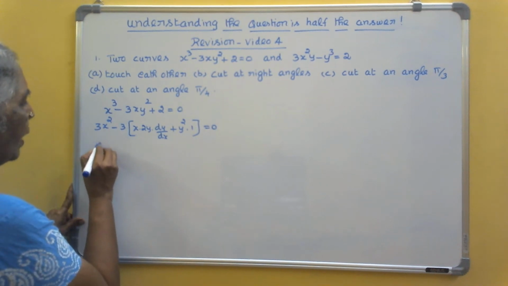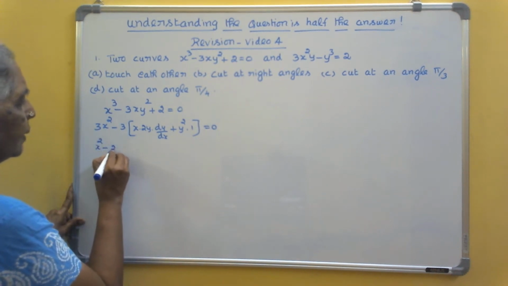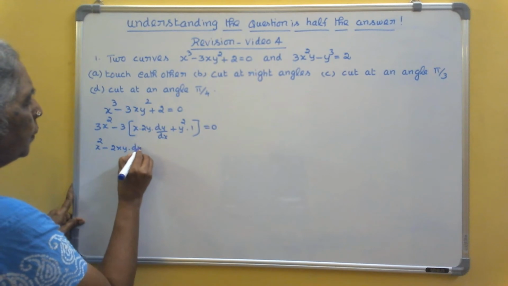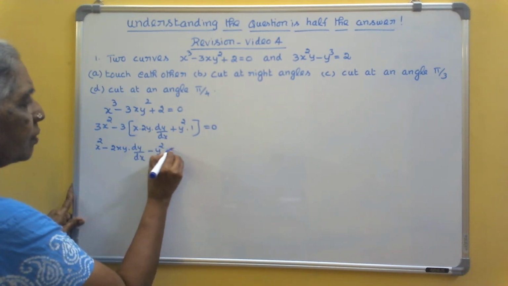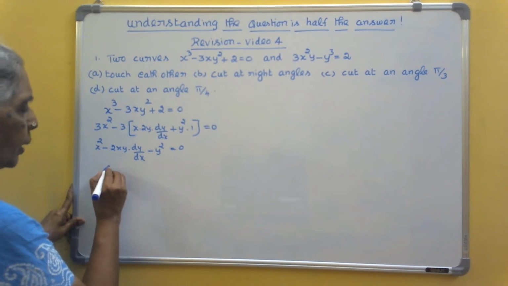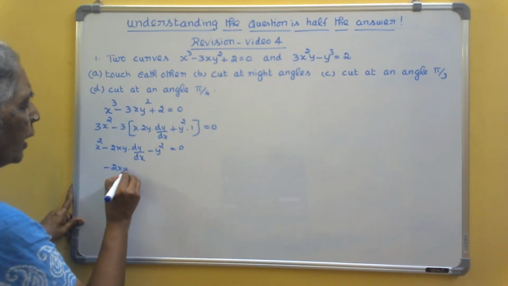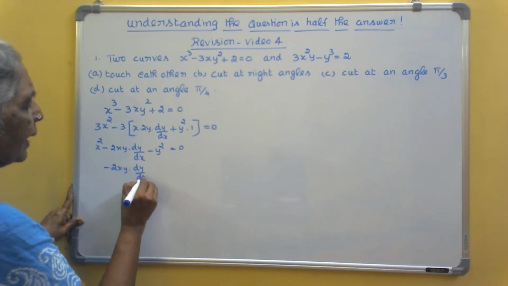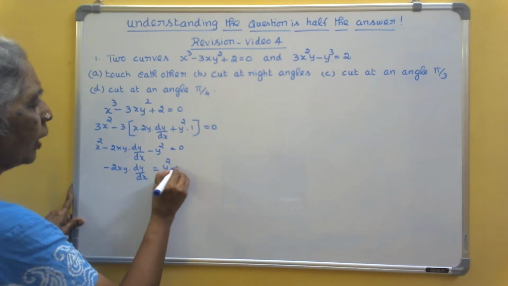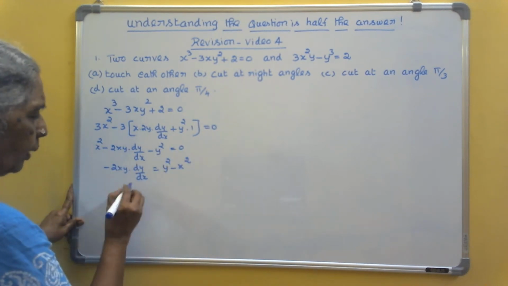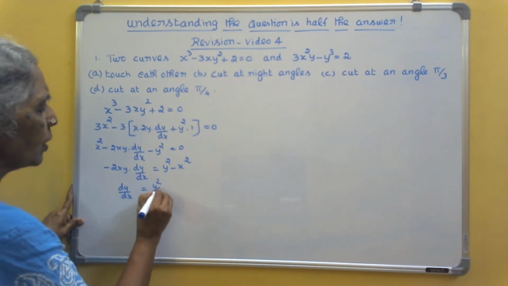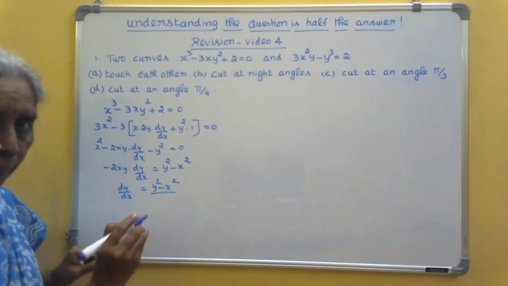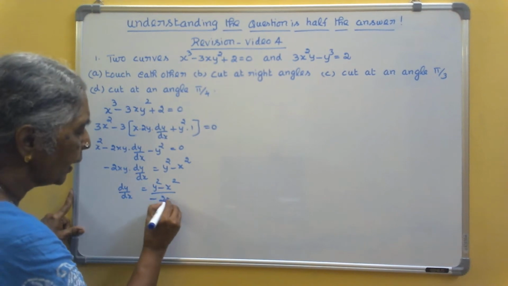So I will get x squared minus 2xy into dy by dx minus y square is equal to 0. That gives me minus 2xy dy by dx is equal to y square minus x square. So dy by dx will be equal to (y square minus x square) by minus 2xy.